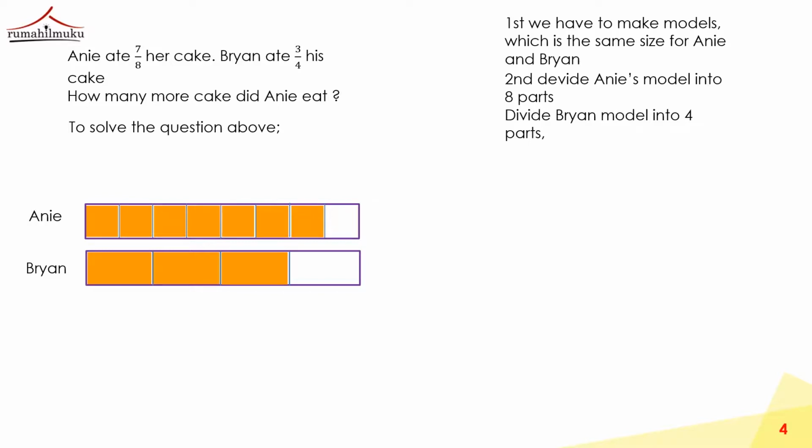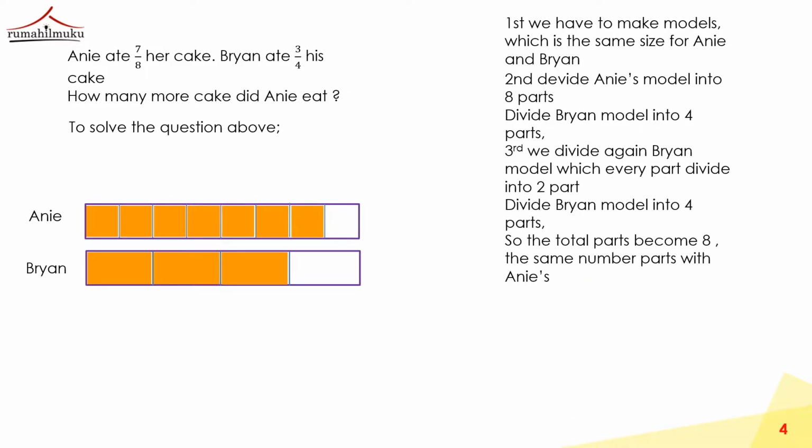Then we need to divide Brian's model into 8 parts, which means dividing every part into 2, so it has the exact same number of squares as Annie. Now we can subtract Brian from Annie. So it's 7/8 minus 3/4.